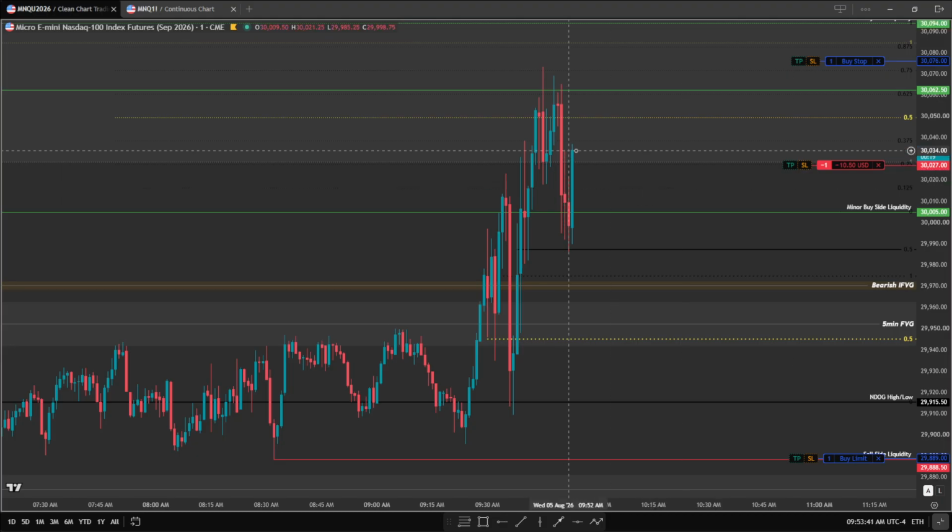It needs to kiss this and come straight back down, straight back down below this low. These equal lows here, straight below those.